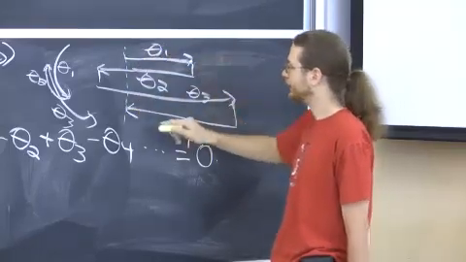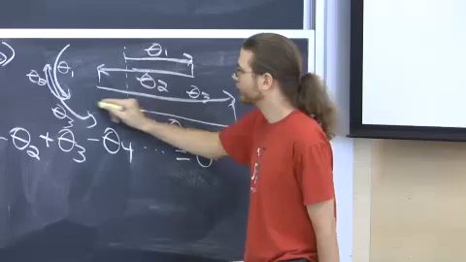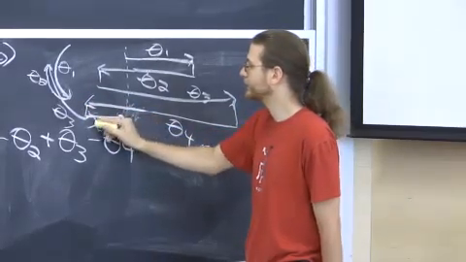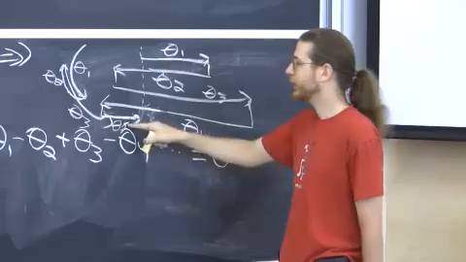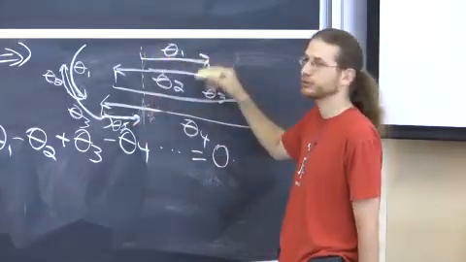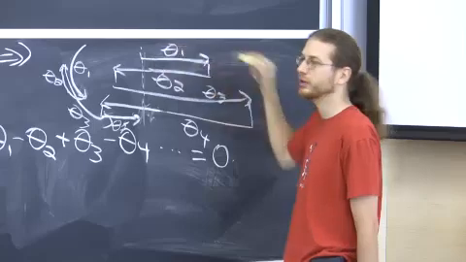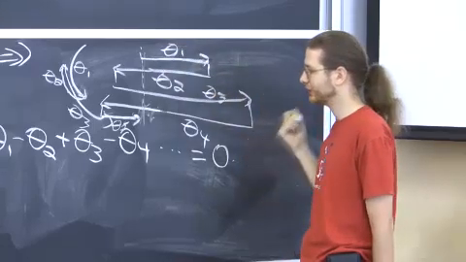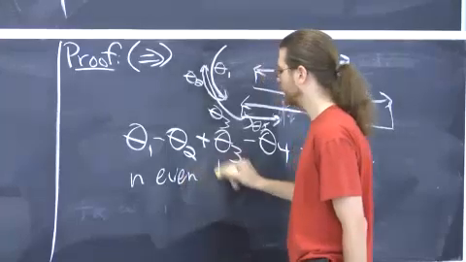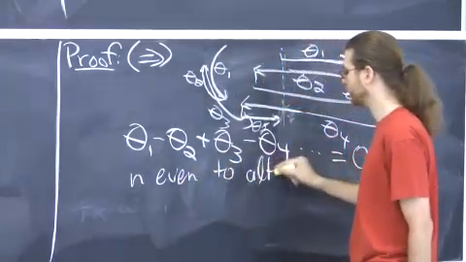If they were aligned, like if theta 4 went over here, and then theta 5 went like that, and there was an odd number of creases, this would be bad. Even though they're lined up, there's no crease here. You just went straight from theta 5 to theta 1. You're supposed to change direction every crease. So also, n is even to alternate directions.